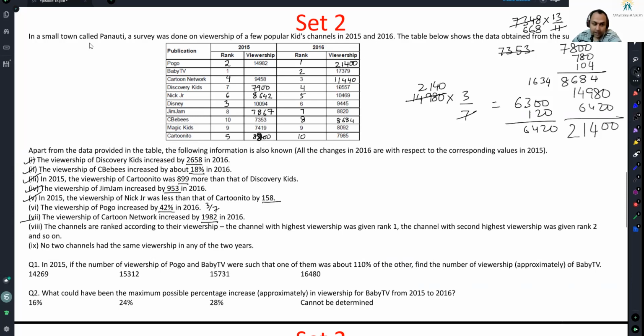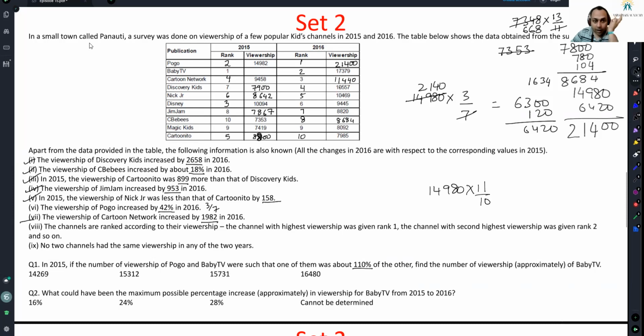In 2015, if the number of viewership of Pogo and Baby TV were such that one was about 110% of the other, which means 11 by 10, then find the approximate viewership of Baby TV. So I basically need 14980 into 11 by 10.